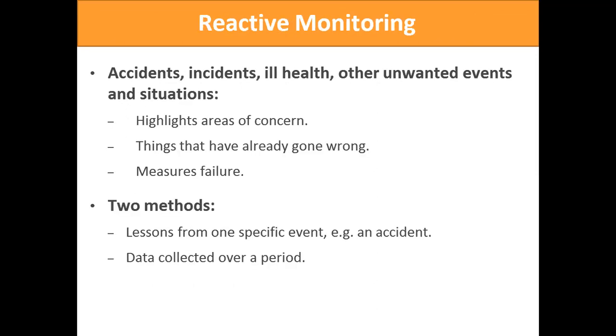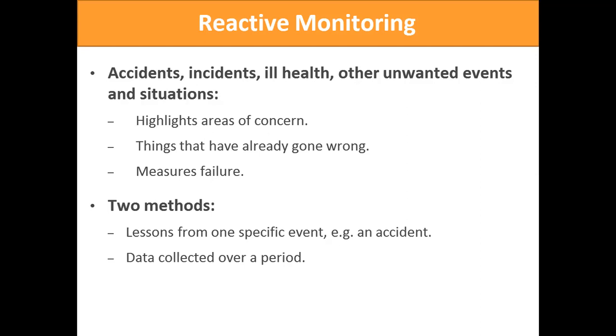Okay. Then the other method of monitoring is reactive monitoring. In reactive monitoring, we will check accidents, incidents, ill health, and other unwanted situations and events. We will check the areas of concern, and we will highlight the areas of concern due to which the accident, incident, or ill health happened.